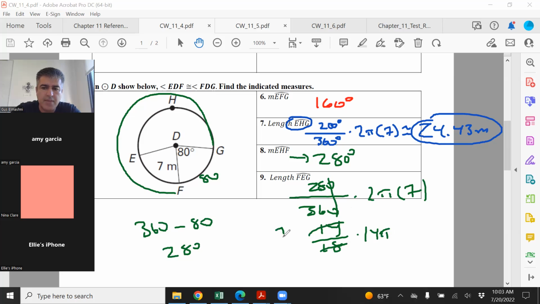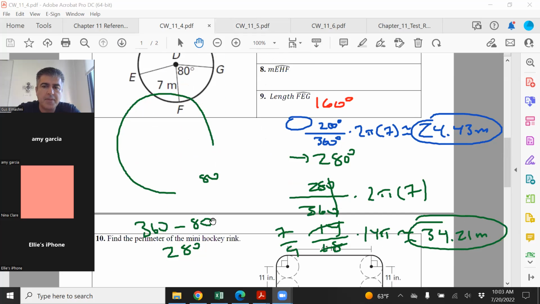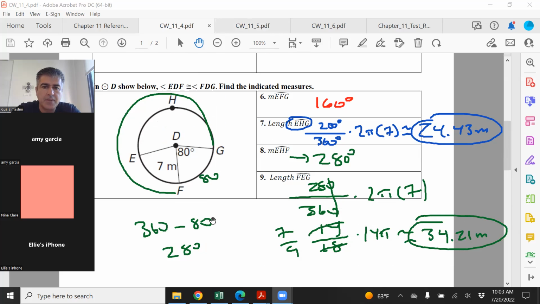That also reduces to 7/9. Multiply out the pi, you should get 34.21 meters. Okay. Give you guys a chance to copy that down.